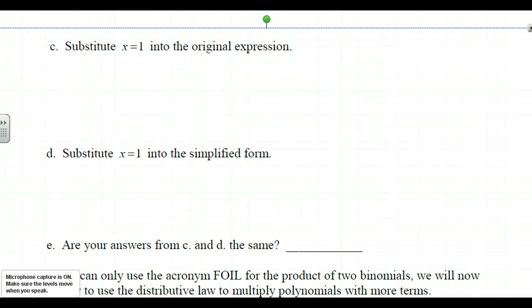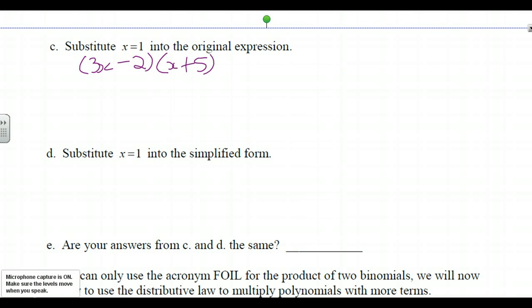That's another lesson. Substitute x equals 1 into the original expression. Oh my god, I don't know what the original expression is. Hang on. So the original expression was 3x. Okay, let's rewrite the original expression. Rewriting the original expression is really like doing formula, right?